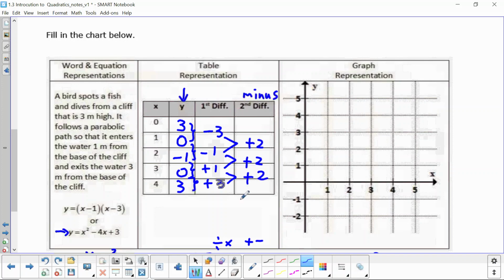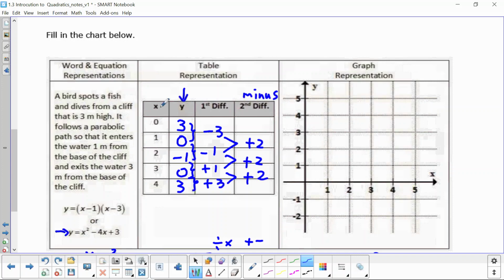If you do the calculation, you just use the number at the bottom minus the number above. 3 minus 1 gives you 2. Then you will see it is true. The second differences are the same for a quadratic relation. The quadratic relation is when the highest degree is squared. If it's squared, then it is a quadratic relation.